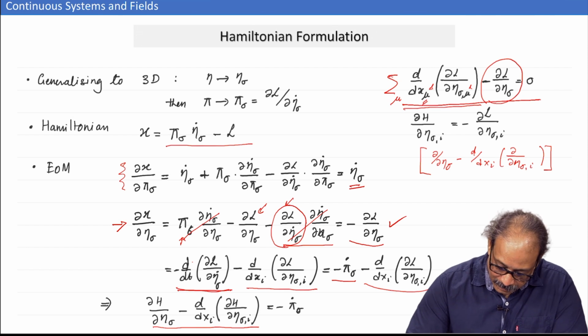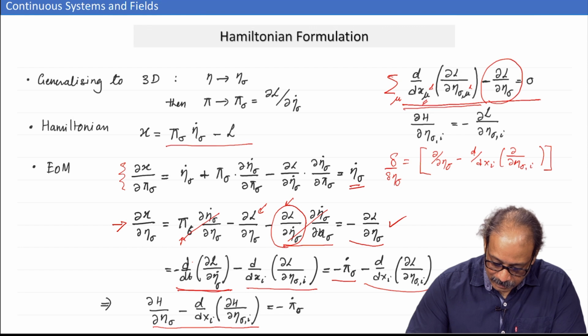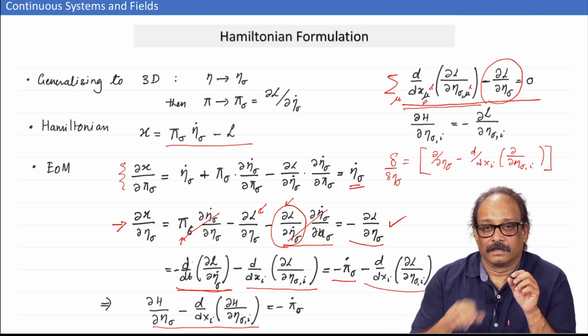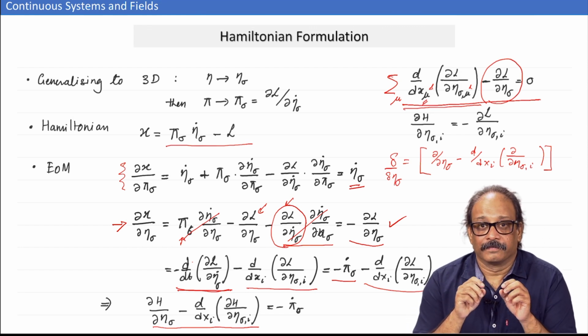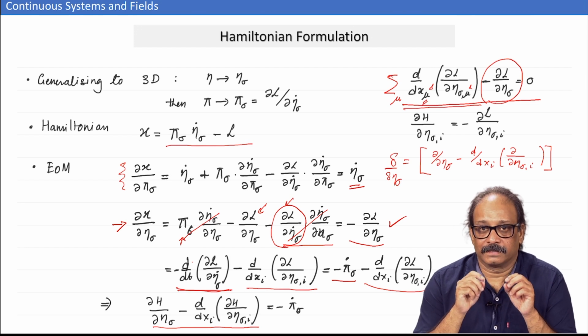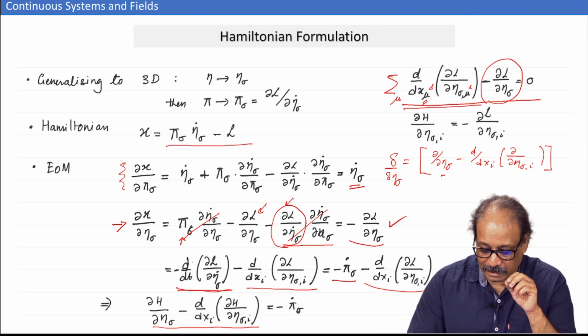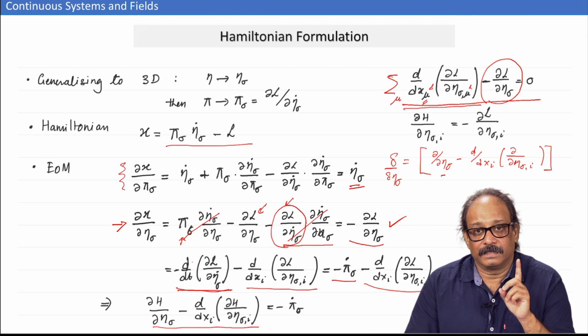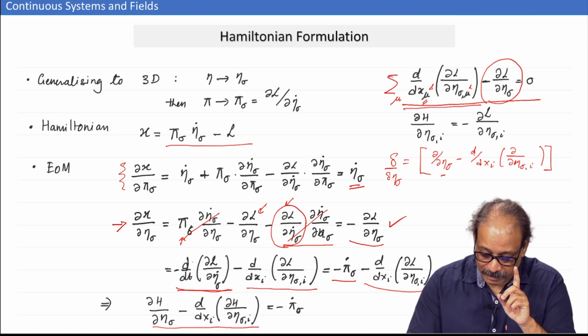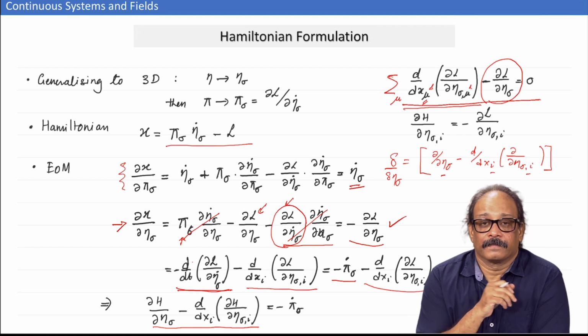I am going to name this operator as delta. So, delta eta sigma. In general, it is called a functional derivative. So, if I take the functional derivative with eta sigma, it is partial with respect to eta sigma minus d by dxi partial with respect to eta sigma comma I. Okay. Remember, there is an implicit summation over I here.